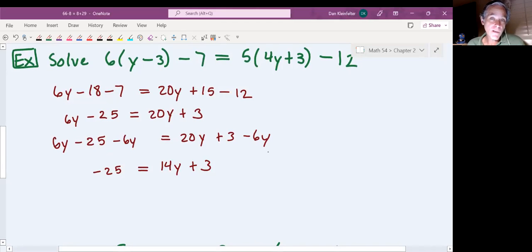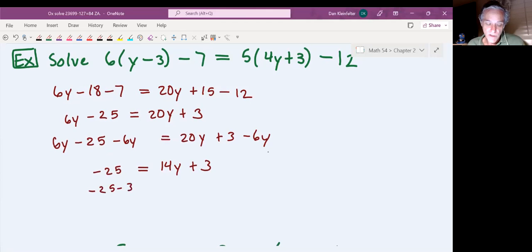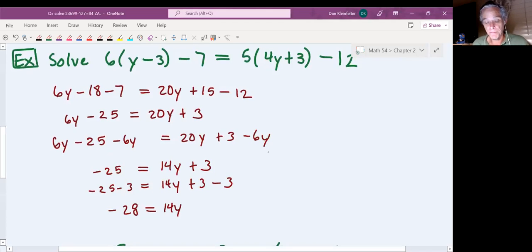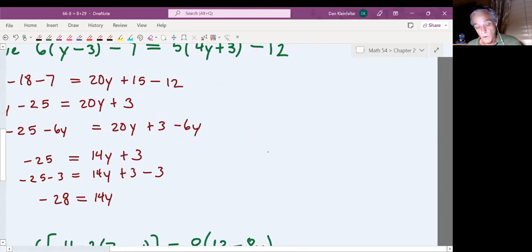Okay, so now we're committing to sticking the variables on the right side. So the left side will be constants. So then we need to subtract that 3 from both sides. We'll have negative 25 minus 3 equals 14y plus 3 minus 3. The left side now is negative 28. The right side's 14y. Okay, we are almost there.